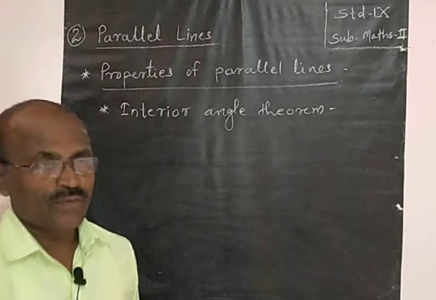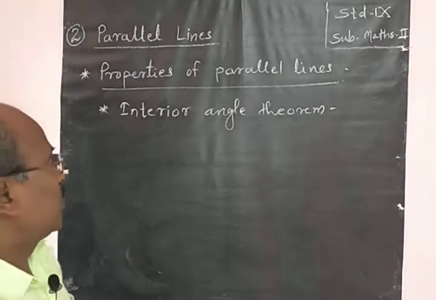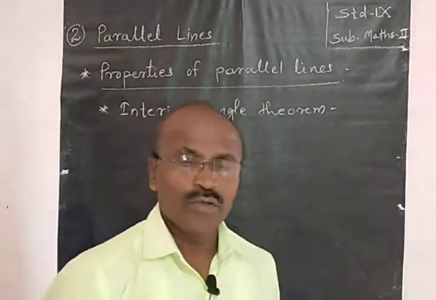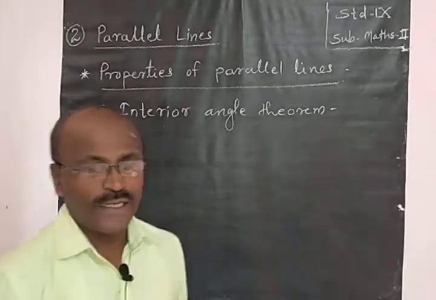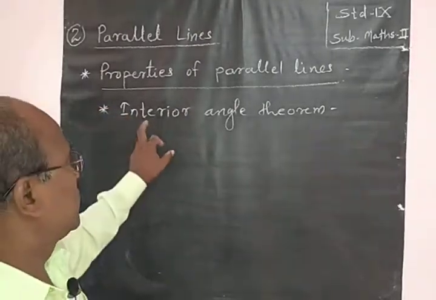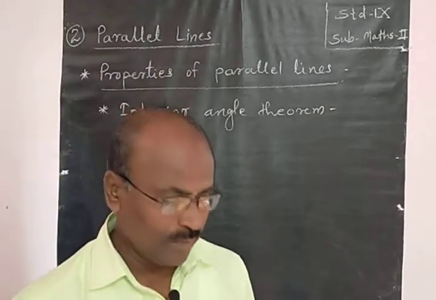Let us see the properties of parallel lines. There is a theorem to see the property of parallel lines about interior angles, that is known as the interior angle theorem.